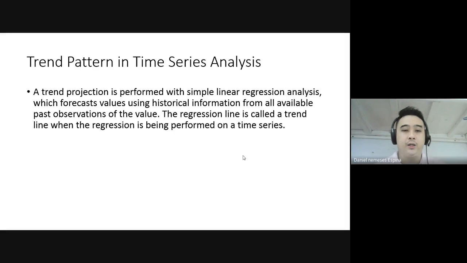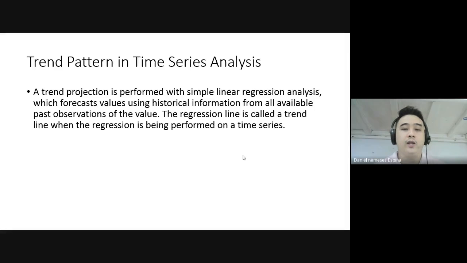So a trend pattern is performed with a simple linear regression. It forecasts values using the historical information or data from the past. For example, you are using the sales or the income for the past 5 years. Those are your historical information.